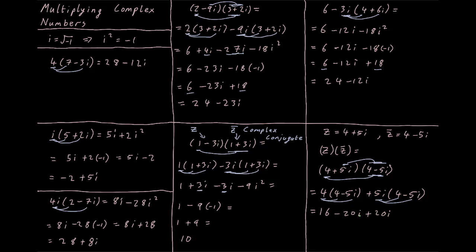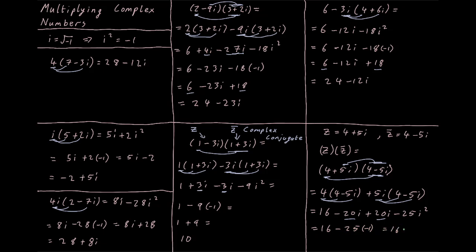I can see my i parts are adding up to 0. And plus 5i times minus 5i will give me minus 25i squared. And I see i squared, I know to convert it to minus 1 for doing my simplification. So I have my imaginary parts add up to 0, and I'm left with 16 minus 25 times minus 1.